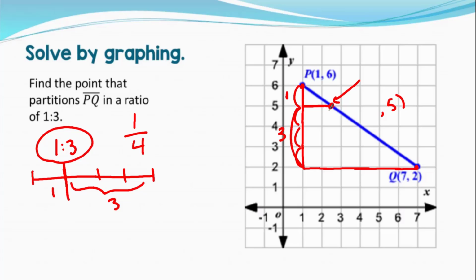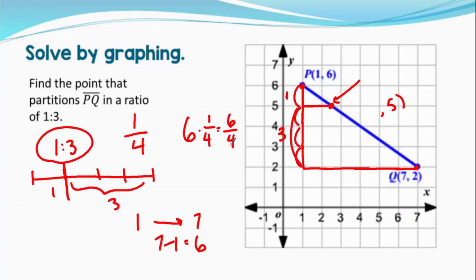So let's talk about real quick how we would do that. So the X values are going from 1, the distance from 1 to 7. Well, how far is from 1 to 7? 7 minus 1 is 6. Okay. Well, so we traveled 6, and we want to know 1/4 of the way. So 6 times 1/4 of the way. Well, that is 6/4.